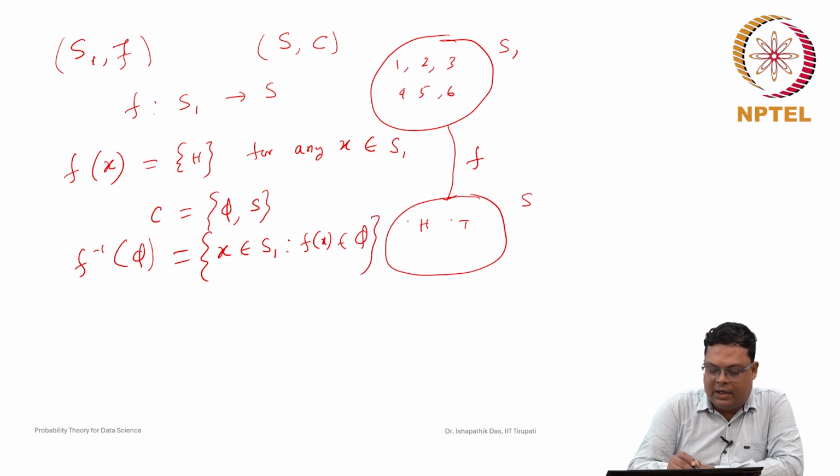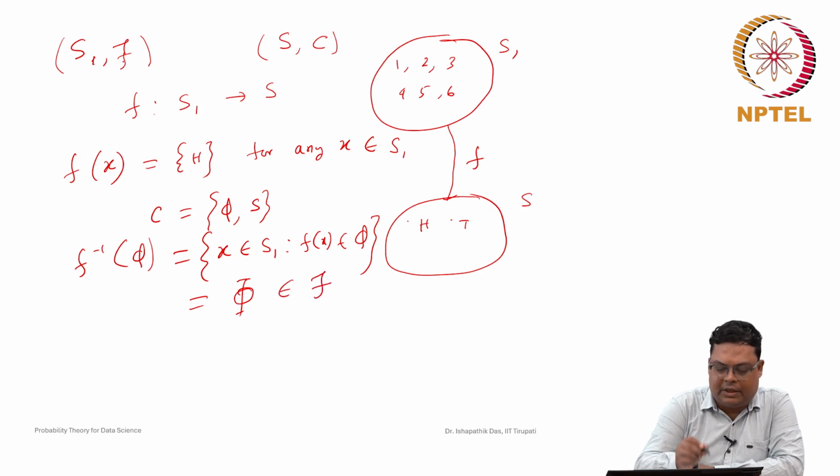Now you can see that it does not contain any element satisfying this, because phi means it is the null set, but f of x is h for any x. So, this will be again a null set. But this null set belongs to this F, you can see that.